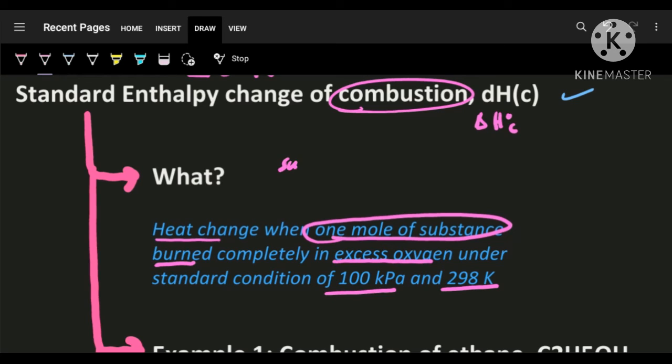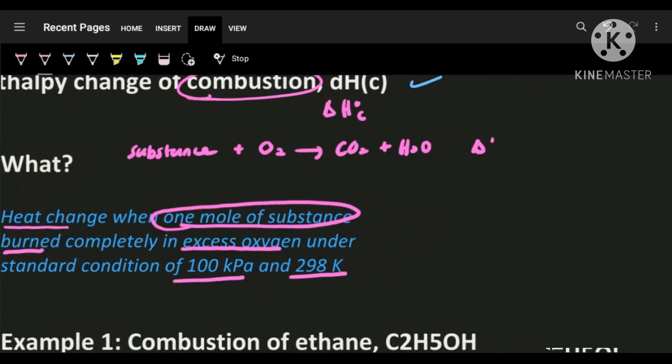Okay, so if you have a substance and the substance undergoes combustion in the presence of oxygen and produces carbon dioxide and water, it has a standard enthalpy change, and this standard enthalpy change is also known as standard enthalpy change of combustion because it involves combustion.